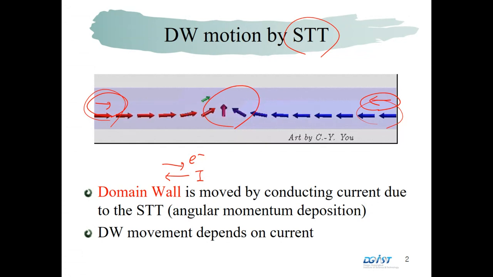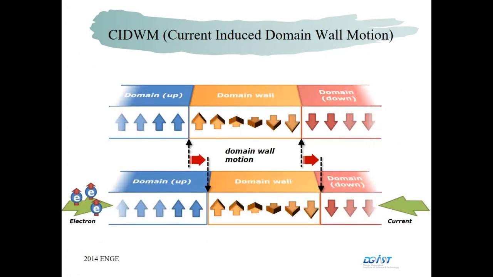Then what happens with this domain wall motion by the current? For example, in this view graph, we have an up domain and a down domain, and between them we have a domain wall. This domain wall can be moved by the current. That means the domain itself can be moved.